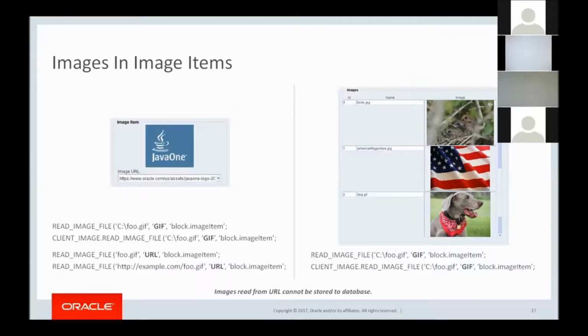One of the limitations currently with the access through a URL, and that's the URL argument, is that those images currently cannot be stored in the database. So although you could load them into the image object, that image itself will not be saved. The only way that you could save them is if you read them off the file system, as in the code example I have there. Okay.